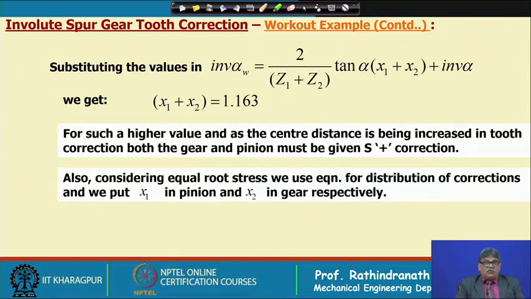Now, we follow the formula that we have suggested, keeping in mind what will be the increase in root, so that the tooth strength becomes more or less equal. But here I would like to mention, we do not know yet what the material is.